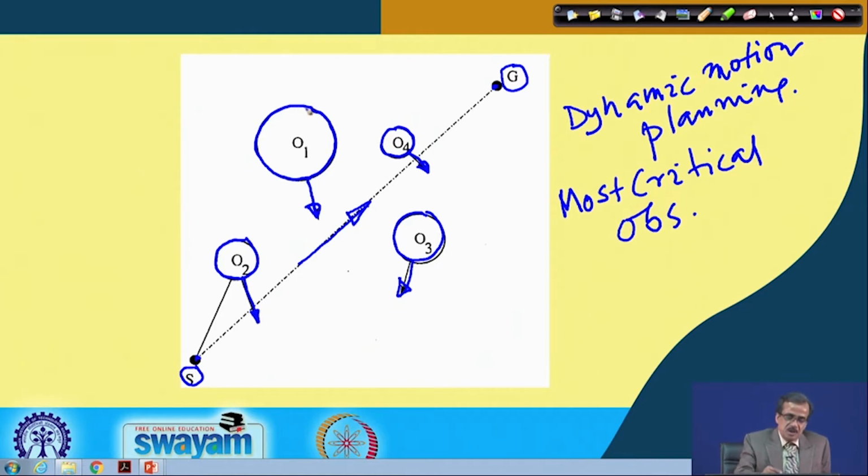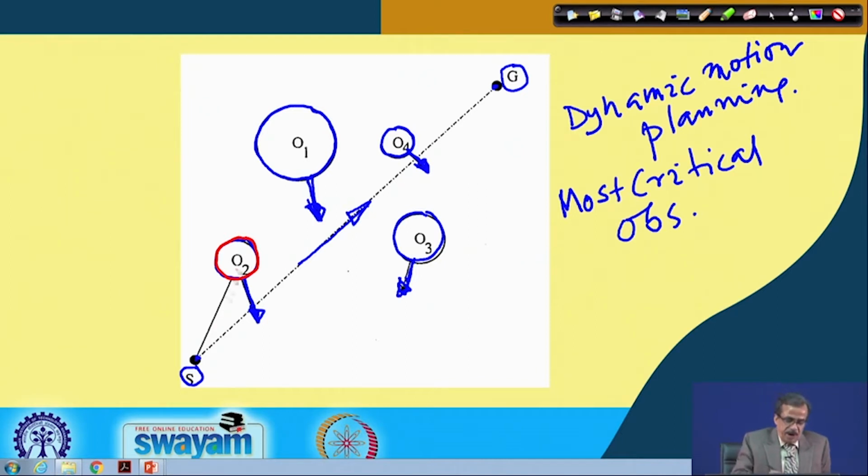Obstacle O1 is moving in this direction, O2 in this direction, O3 in this direction and O4 in this direction. If I consider both the distance and the moving direction, we can easily find that the most critical obstacle is O2.